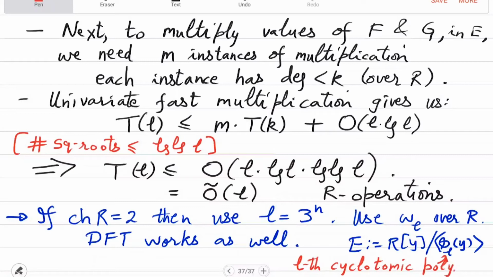And once you know how to define it over integers, we just plug it into arbitrary rings. So here we'll use phi L of y. It has all the nice properties that we want, the sum of y to the i will be 0 and so on. That is not a very difficult modification. Once you do the exercise, this is easy to see.